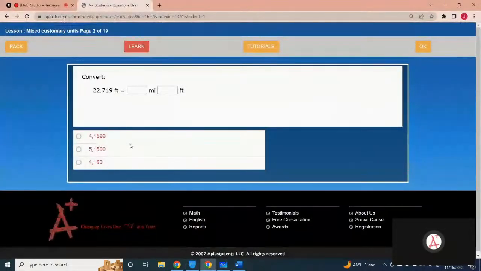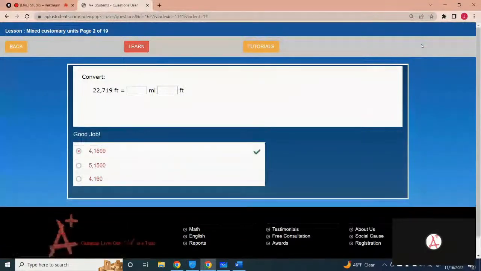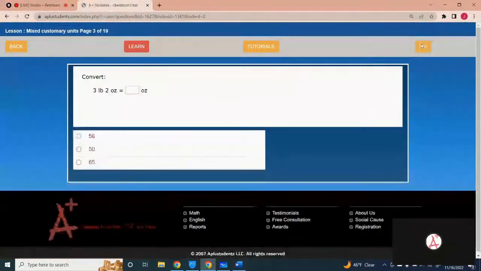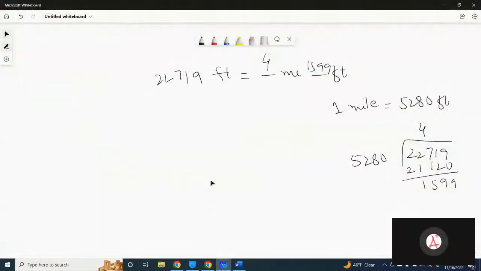Just select the correct option. It would be the first option, then click on the OK button. Okay, the next one is 3 pounds 2 ounces. LB is for pounds.